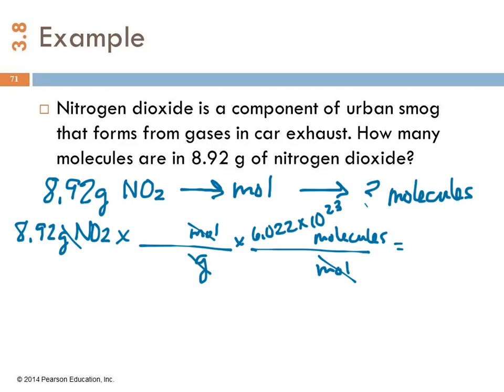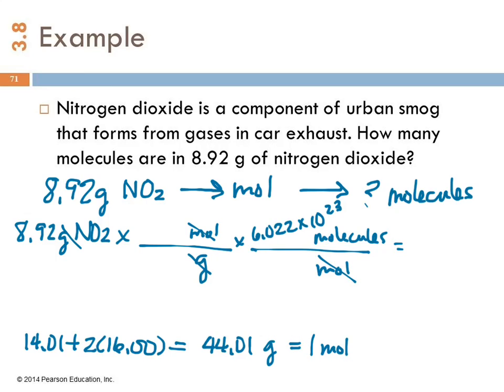So here nitrogen, there's one nitrogen, 14.01, and two oxygens at 16.00, that's 44.01 grams. You can say grams equals 1 mole.